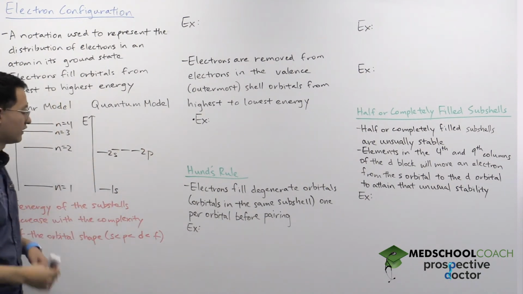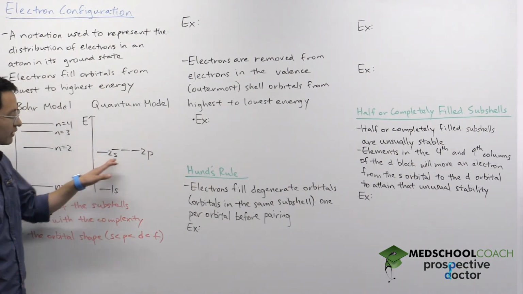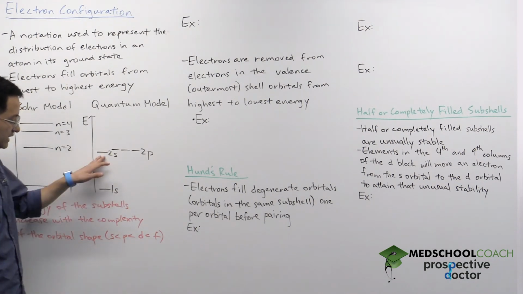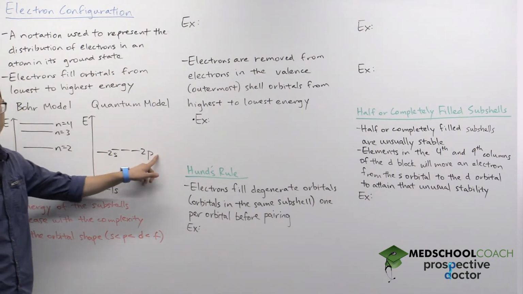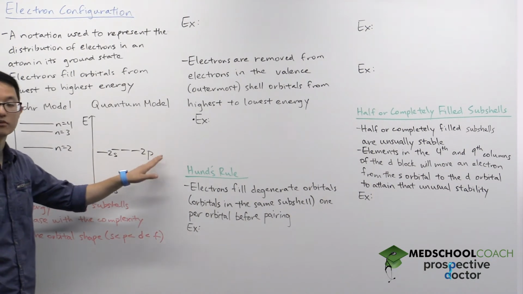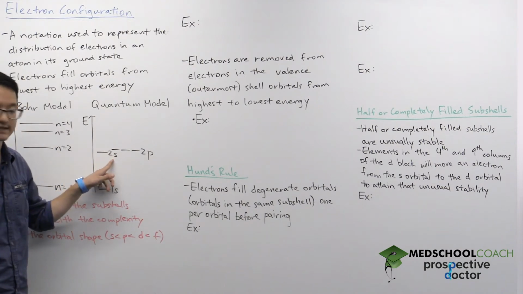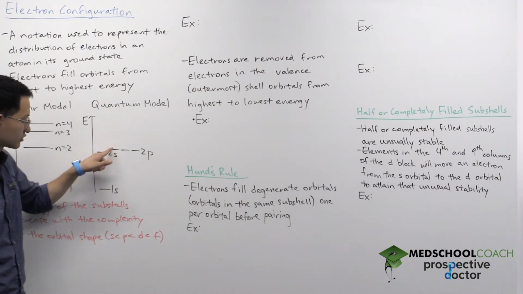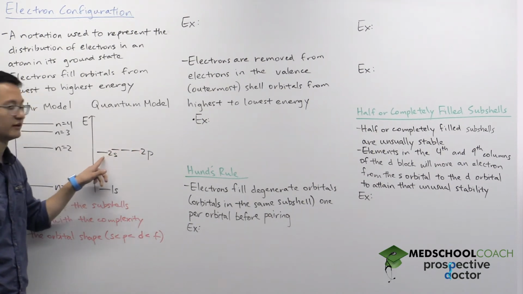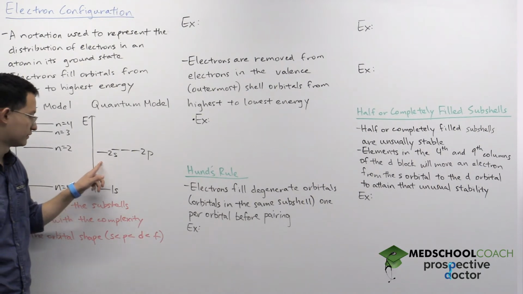You can note, first of all, that our s subshell only contains 1 orbital, but our p subshell contains 3 orbitals. You can also see here that because the p subshells have orbitals that are dumbbell shaped, which are more complex than the spherically shaped orbitals in the s subshell, electrons in the 2p subshell are slightly higher in energy than the electrons in the 2s orbital.